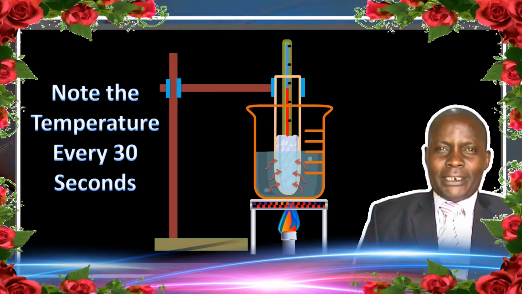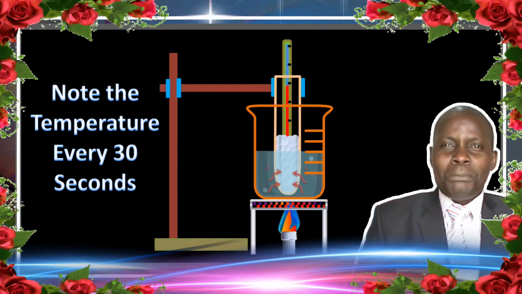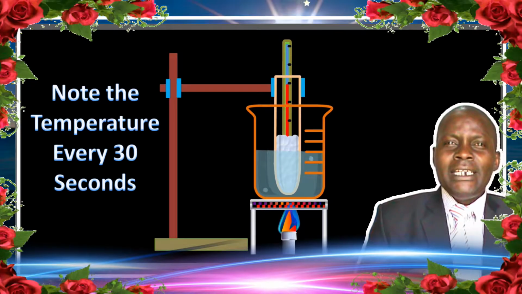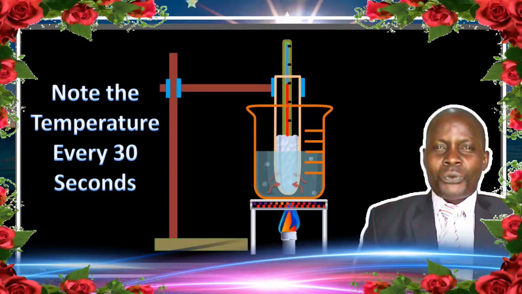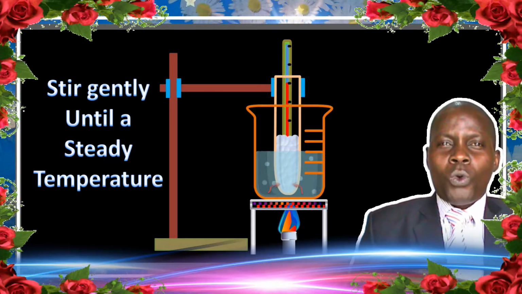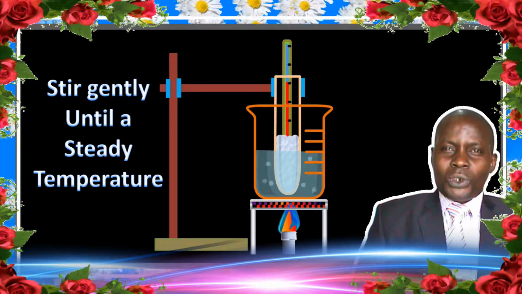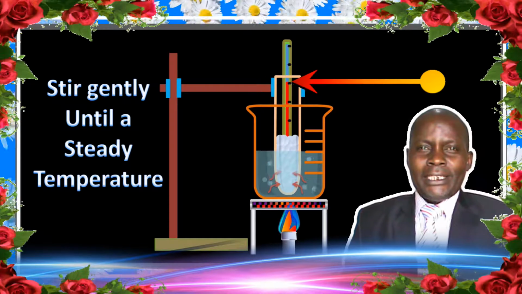Now, when we start heating, every 30 seconds we note the temperature reading of the naphthalene. A time is going to come when naphthalene starts to change from the solid state to the liquid state.